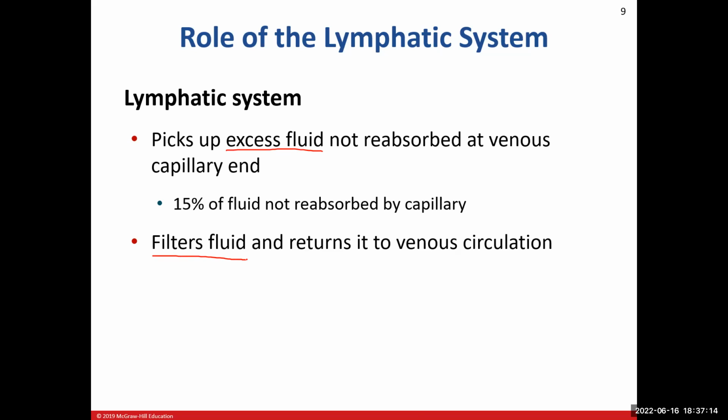We have different organs, your lymph nodes, your spleen. These lymphatic organs are going to filter that fluid, and eventually it's going to dump all of that lymph back into your circulatory system, into the venous circulation up near the heart. So in lab, you're going to learn about the thoracic ducts.